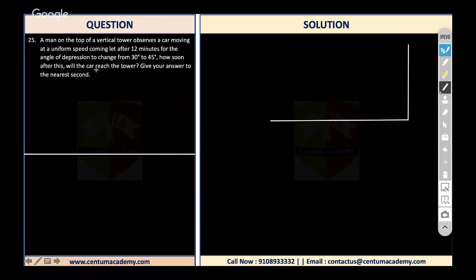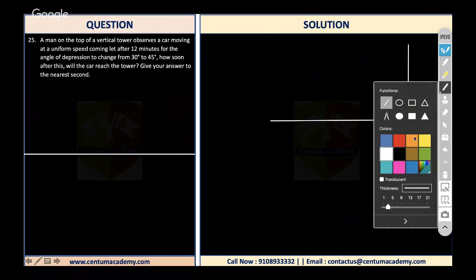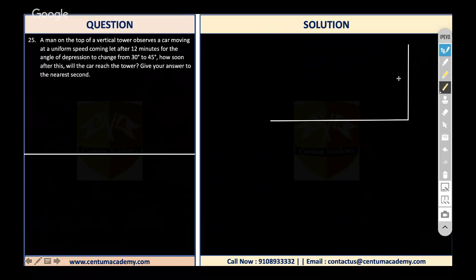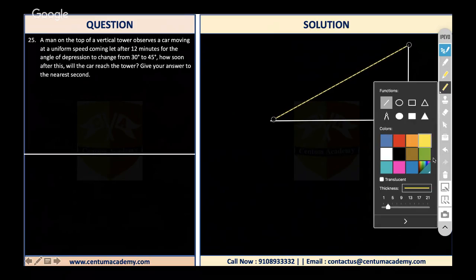So it takes I think 12 minutes for the angle of depression to change. So let's say initially the angle of depression was, so how do I measure angle of depression?